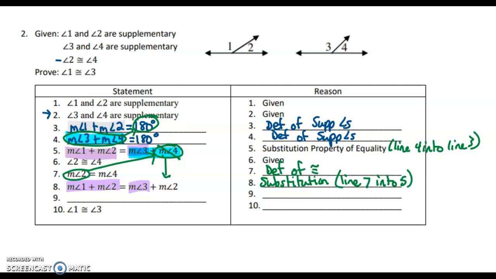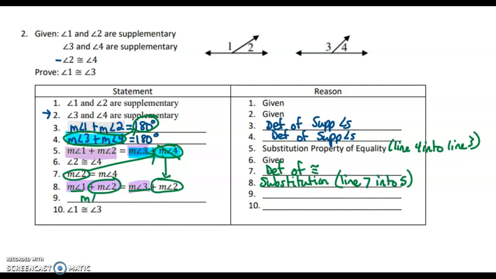Okay, so now somewhere along the way, we've got to get down to angle 1 and angle 3 on line 10. If you look at line 8, here's angle 1, here's angle 3. So I need to get rid of this plus angle 2 and this plus angle 2. What is the opposite of adding angle 2? It's subtracting angle 2.